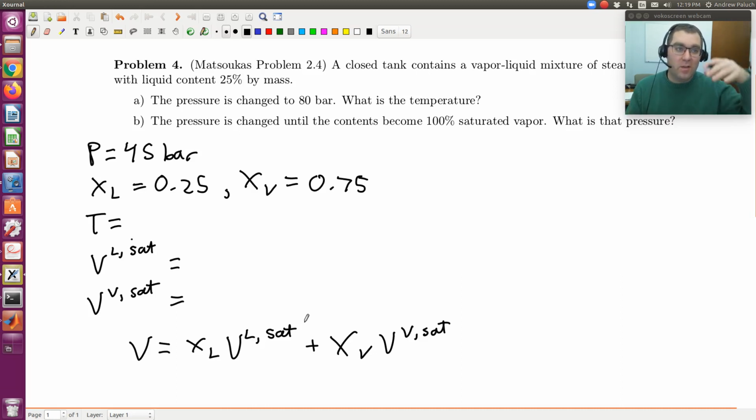If it's in equilibrium with the atmosphere, my pressure would be maintained at 1 bar, but that's not the case here. So I'm going to assume that we have a closed fixed container so that the volume's not changing. If the volume's not changing, then the specific volume is not changing. That's going to be my assumption. So I'm going to get the specific volume of my system pinned down so that as I move forward, I have it to work with.